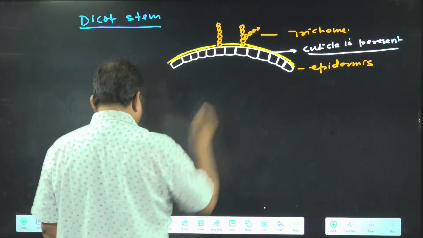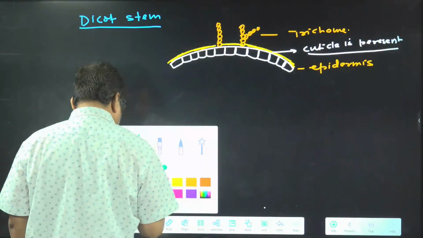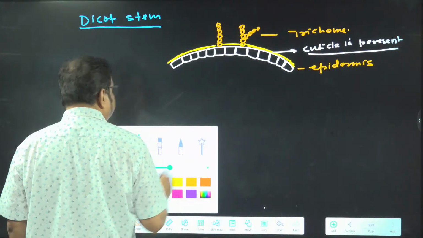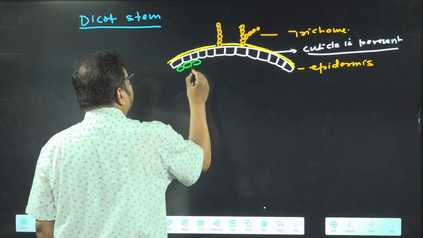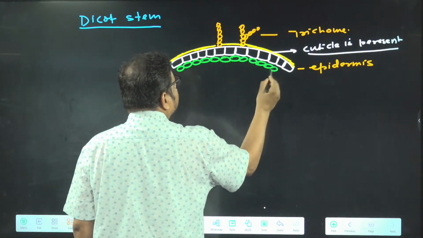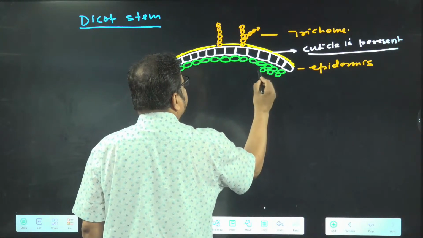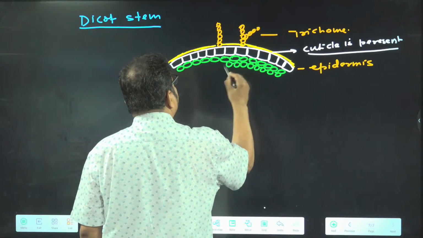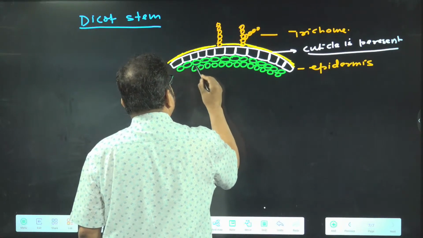Getting the thing? So that is epidermis. Below the epidermis, who is there? Hypodermis is there. Epidermis over, finished. Hypodermis is present. So each and every layer, one by one, sequentially, the work will be done.